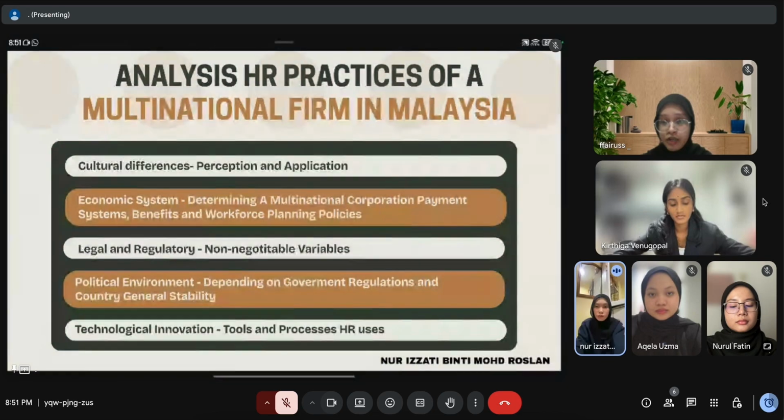The first key analysis is cultural differences, which influence HR practices like recruitment, employee relationships, and performance evaluation. These differences stem from collective values and professional growth. For example, in Malaysia, where power distance and collectivism are high, indirect feedback may be more effective than individualistic performance feedback.